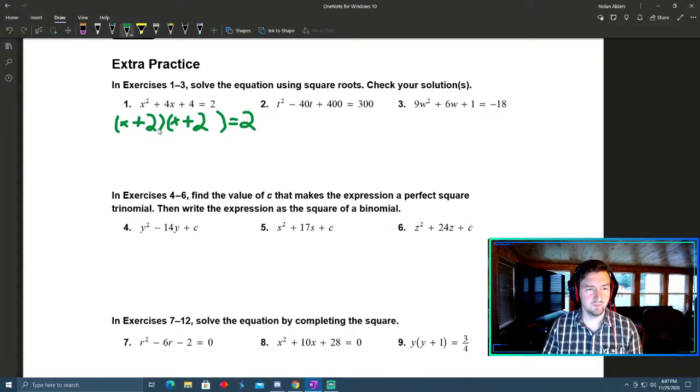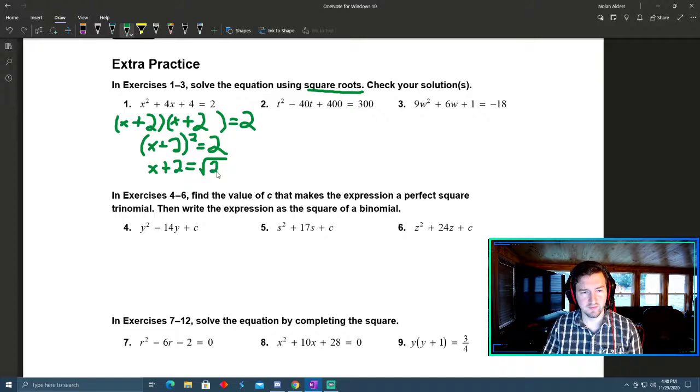Okay, and all this equals 2. So really, we could rewrite this if we wanted to as x plus 2 squared equals 2. And at this point, we can take the square root of both sides, and that's why it's saying to use square roots. So if we take the square root of the left side, then the square root of x plus 2 squared is just x plus 2. And on the right, we'll have the square root of 2.